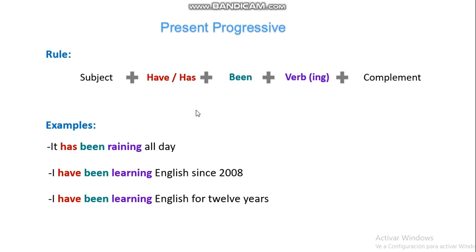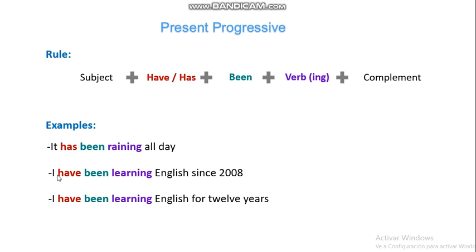We have some examples. It has been raining all day. We have the auxiliary has and been and raining, the verb with ing. I have been learning English since 2008.